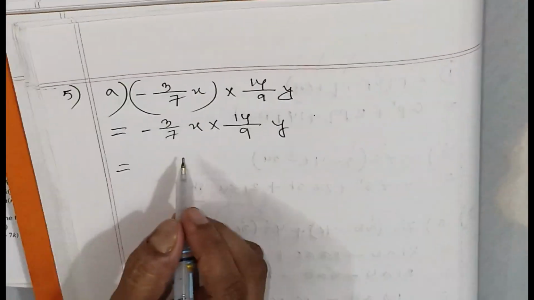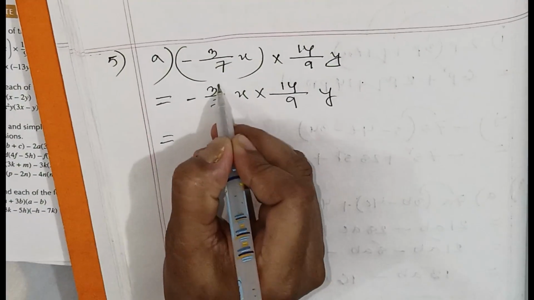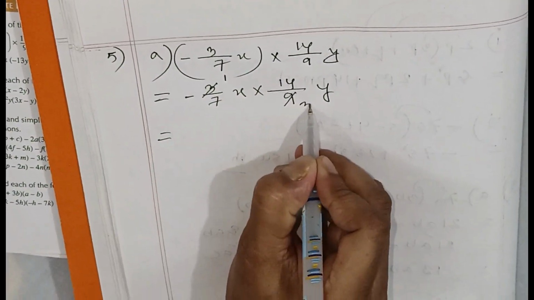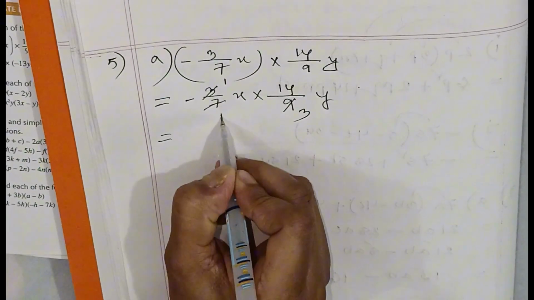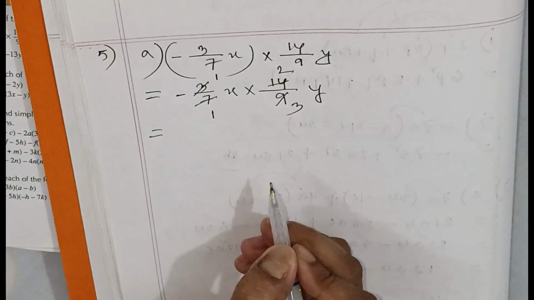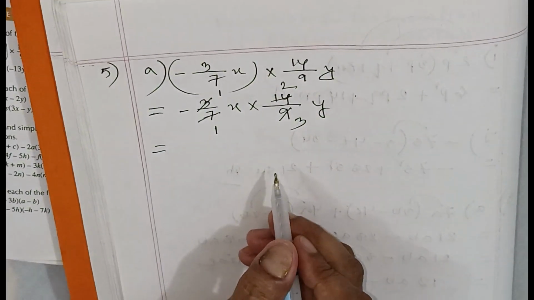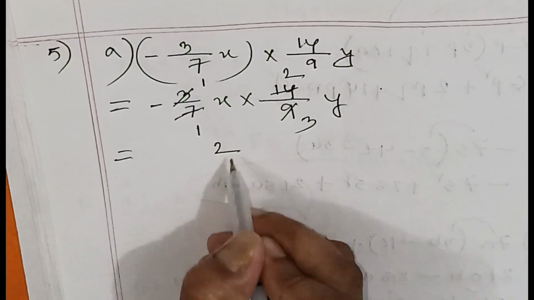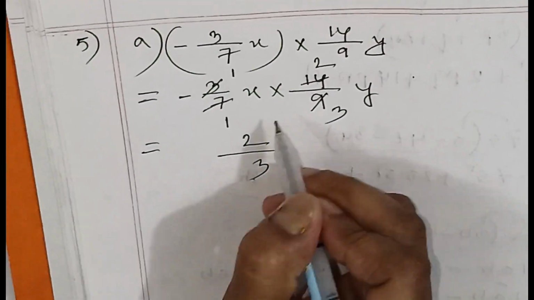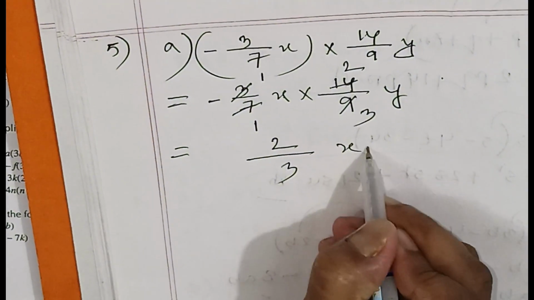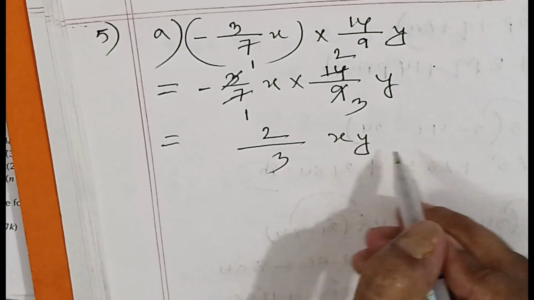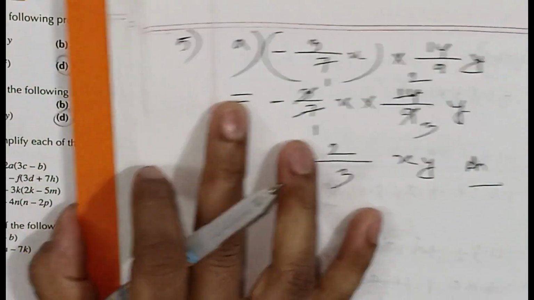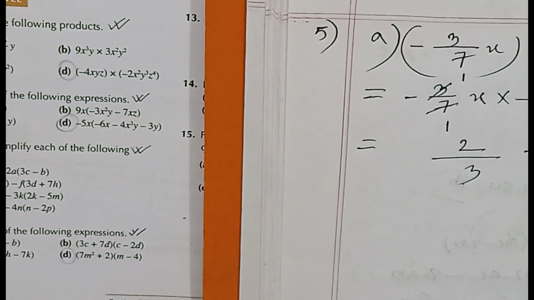It goes to divide 3 and 9: 3 ones are 3, 3 threes are 9. And 7 ones are 7, 7 twos are 14. It will not go further, so 2 ones are 2 multiply on top and below 3, and the variables multiply, x into y. So that's it, this is the answer. So you try B and C.